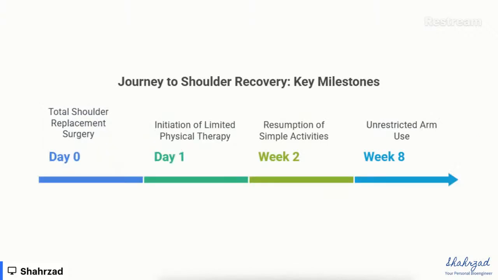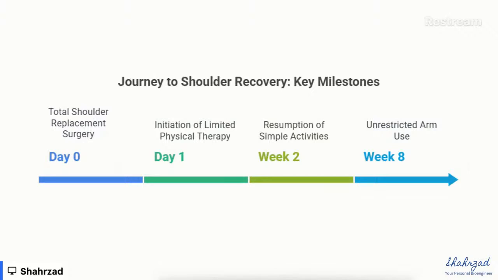Now, about the time scale and how long things might take. Total shoulder replacement involves replacing the damaged joint with a prosthesis, including the ball and socket implant tailored to the patient's anatomy. The surgery, lasting about 2 hours, requires a short inpatient stay followed by immediate, limited physical therapy.